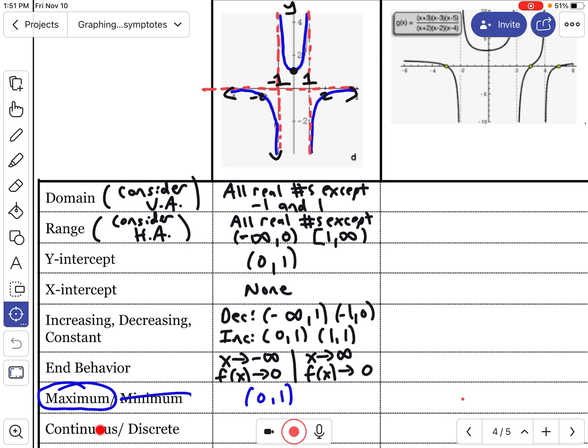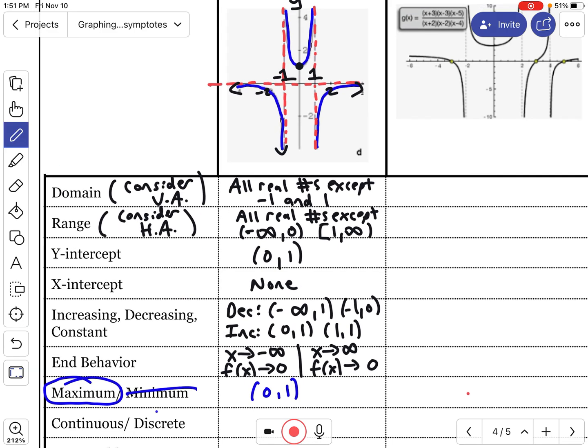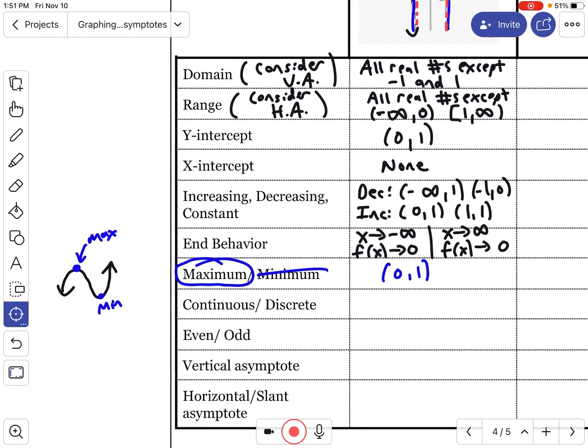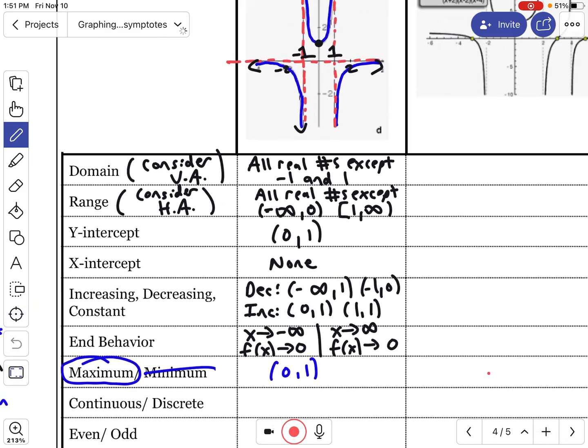And then continuous means something that you can trace over the graph without lifting your pencil off the paper. So for example, this would be continuous because I could draw this whole thing without lifting my pencil off the paper. But discrete means you have to lift your pencil off the paper to graph it.